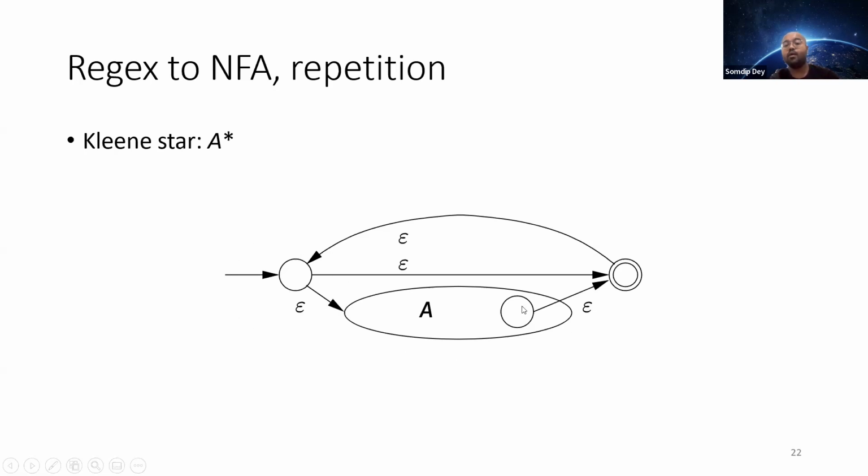From there, you can make a transition on A, and then you reach the accept state. But because it is a star, it recurs onto itself, so you create another transition, which is an epsilon move back to the start state. So this is the NFA representation of the Kleene star, which is popularly used in regular expressions. Keep this in mind, because we need to use these as the formulas to create NFAs for a given regular expression.